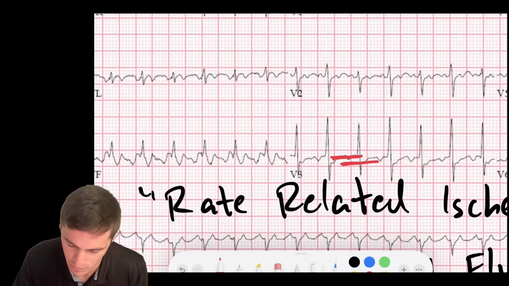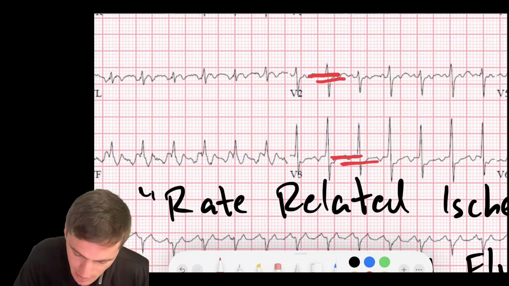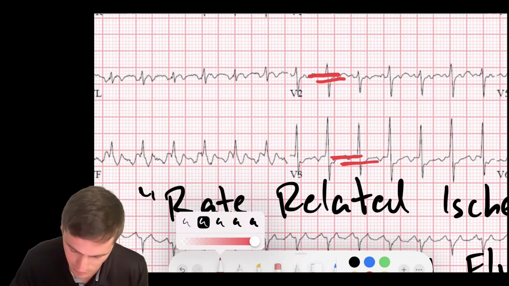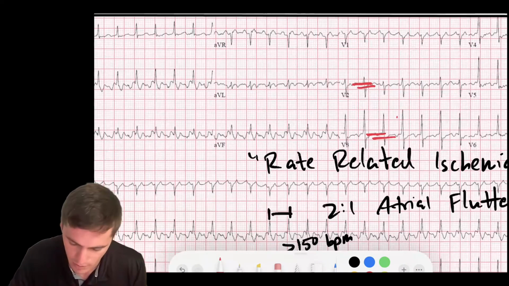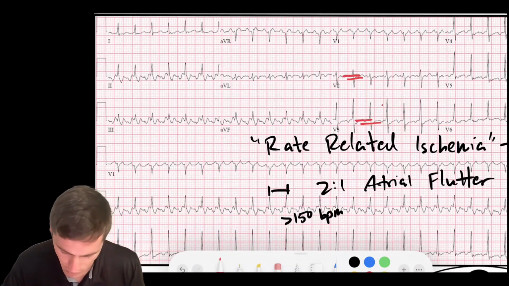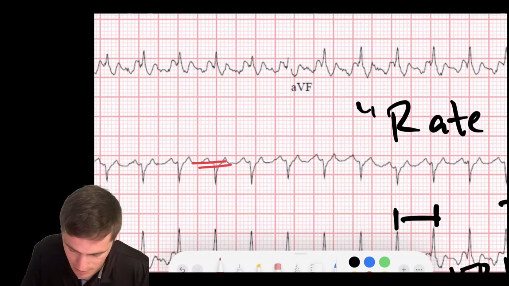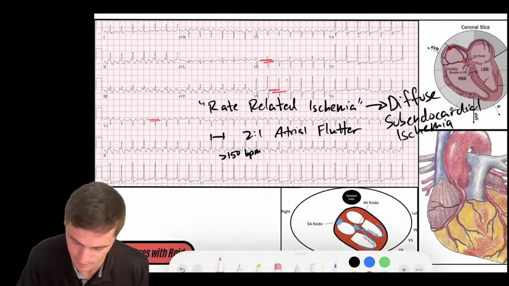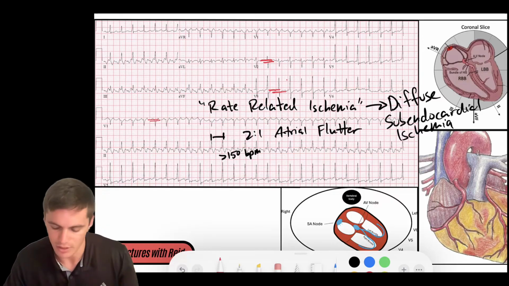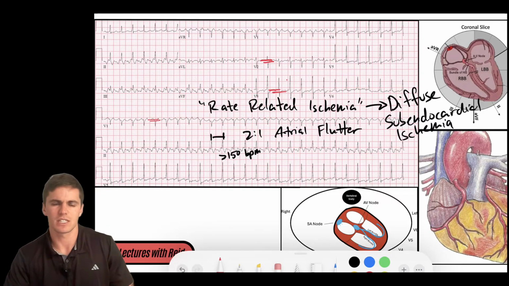You've got baseline, then you've got your ST segment. And if you look throughout all the leads, you might see diffuse ST segment depression. When you see that here, this is a non-specific, non-localizing ST segment depression.